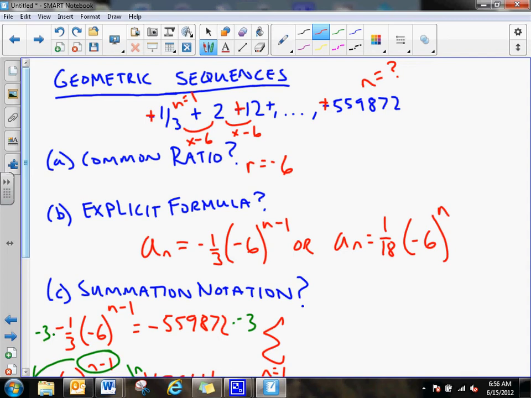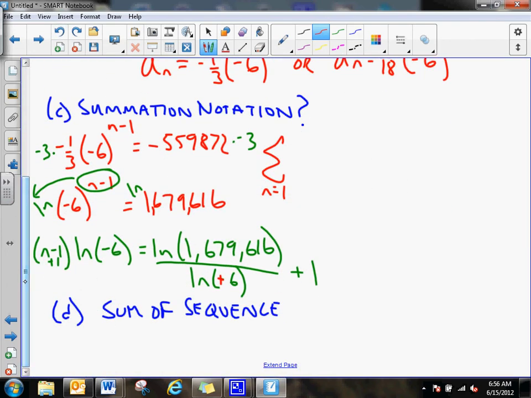Those plus signs don't change how many terms there are in the sequence. So for our purposes here, we're going to use positive 6. That allows us to get a value for n, and it turns out to be 9. So our summation notation goes from 1 to 9, and I'm going to plug in my explicit formula.